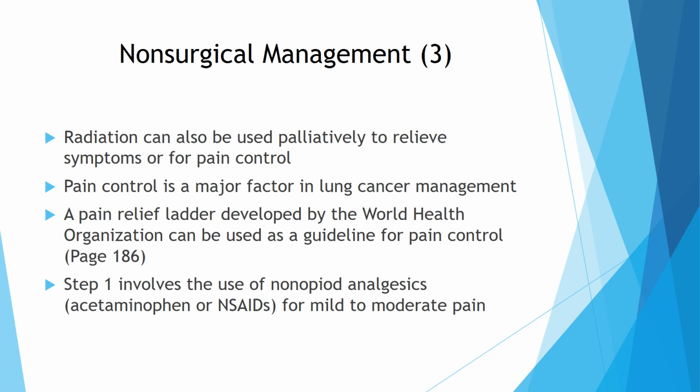So the World Health Organization has developed a pain relief ladder that is used as a guideline for pain control. In step 1, we are using non-opioid analgesics such as Tylenol or NSAIDs, and we will use these for mild to moderate pain.